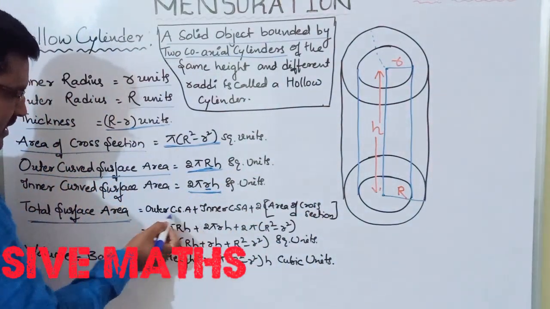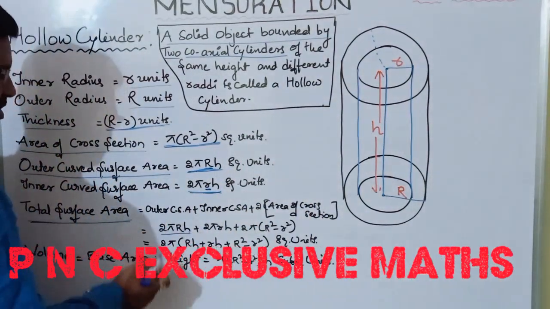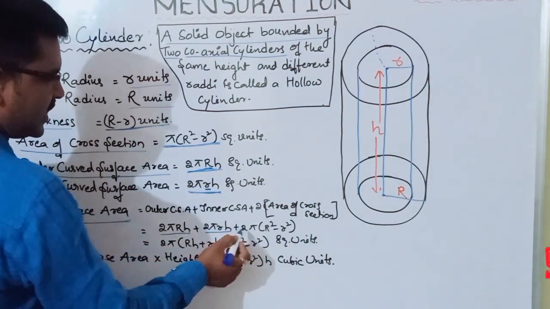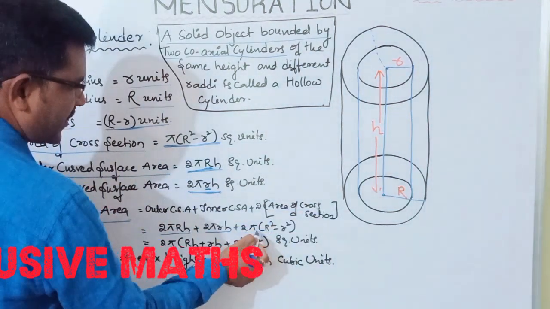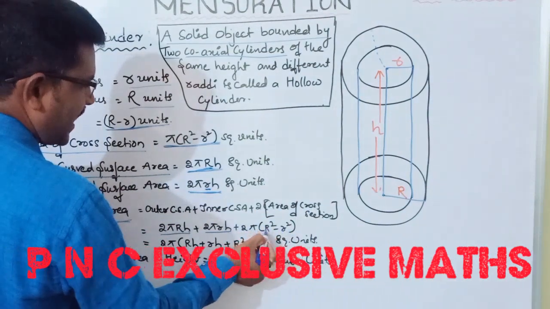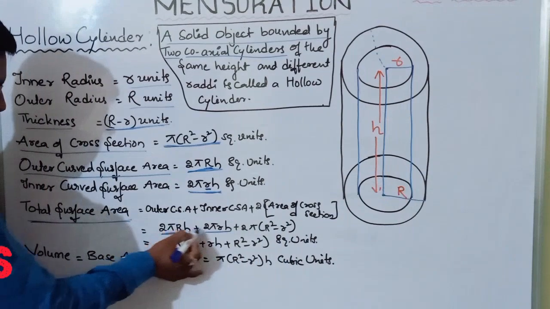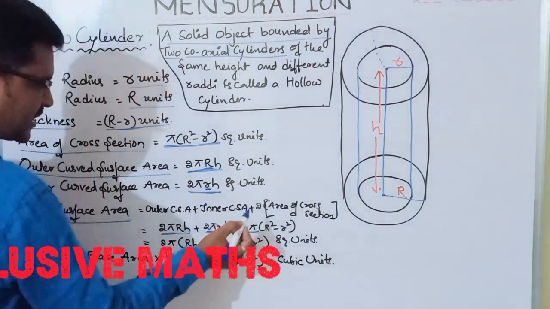So outer CSA 2 pi r h, inner CSA 2 pi r h, here capital R, here small r. Then 2 into the area of a ring, pi capital R square minus small r square. So here 2 pi, here also 2 pi, here also 2 pi.